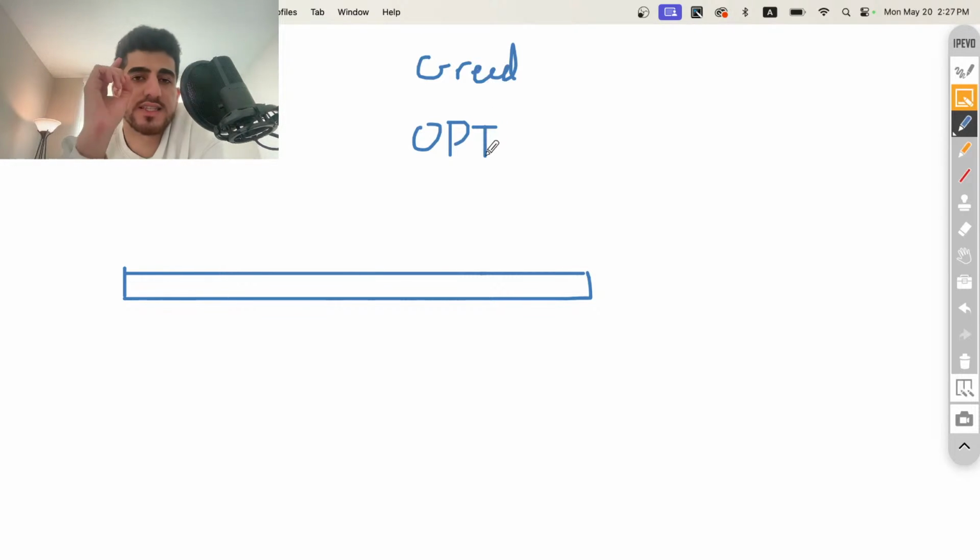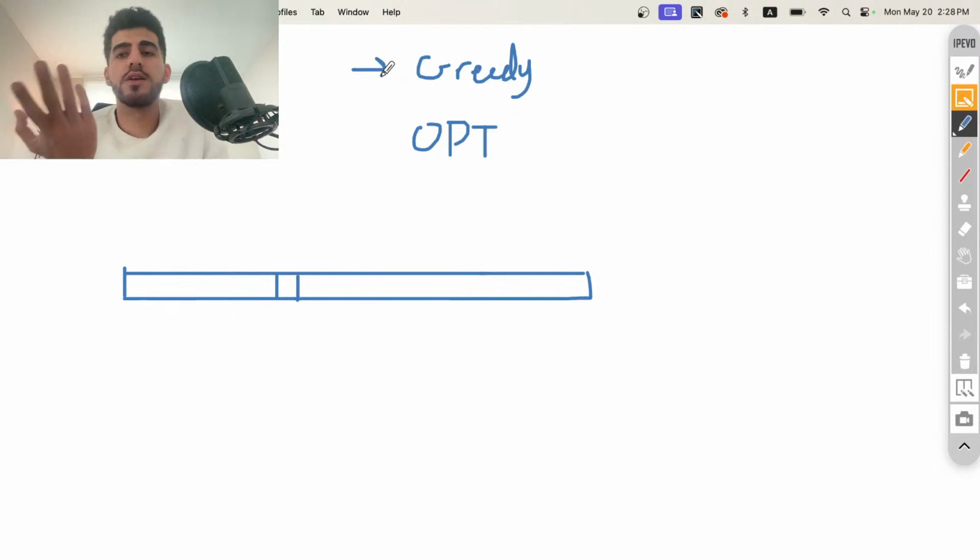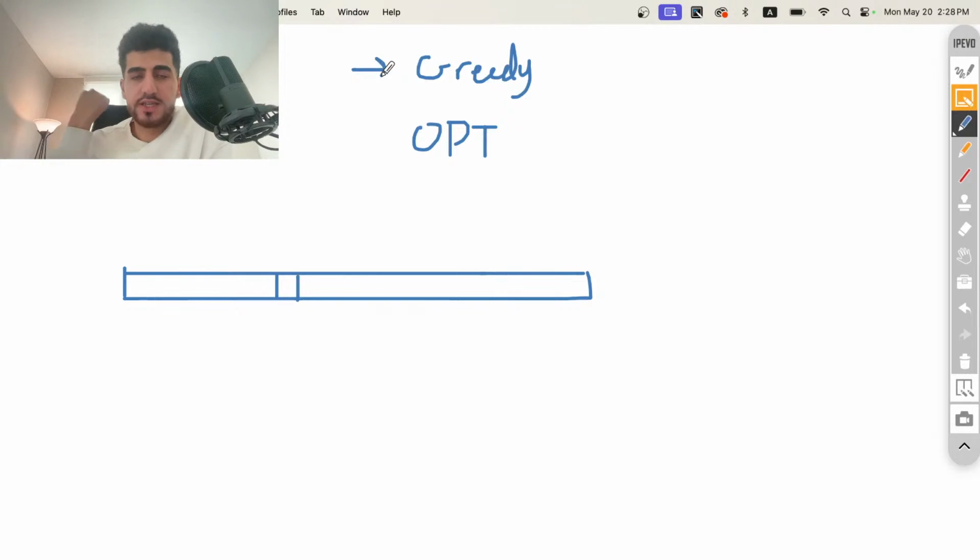Consider the first index in the sorted array, in the sorted costs, where greedy and optimal are different. So in greedy you pick that, and in optimal you do not pick that. Obviously that is like that, because greedy each time tries to pick that if possible. So if it is possible, greedy will pick that. So it's the optimal that should miss this one and get another one.